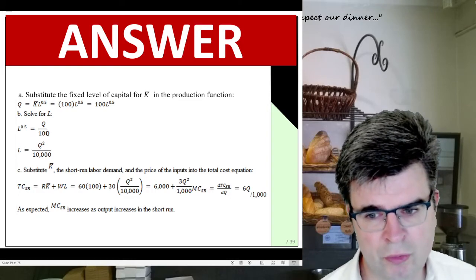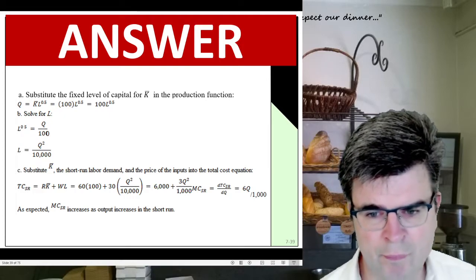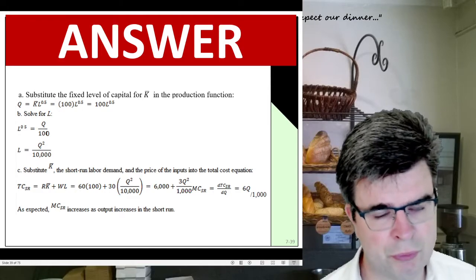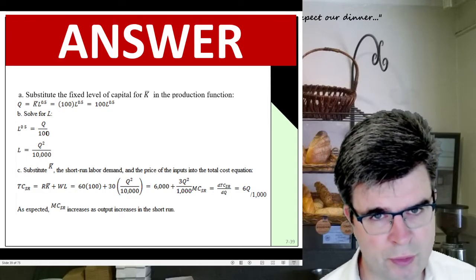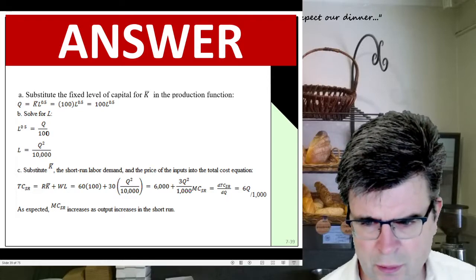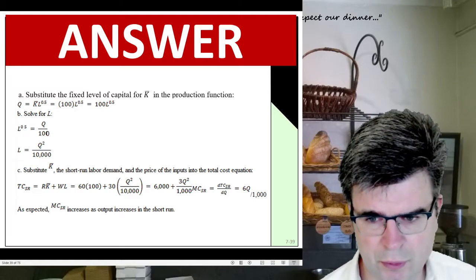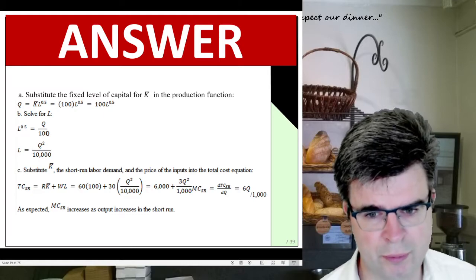The cost of 1 unit of labor is 30, so we multiply by 30 and arrive at the short run total cost function of 6,000 plus 3Q squared over 1,000. So 30 over 10,000 is 3 over 1,000.